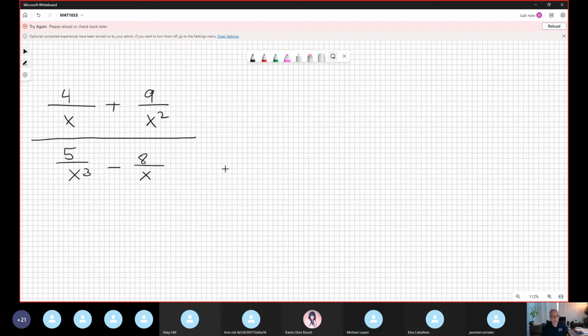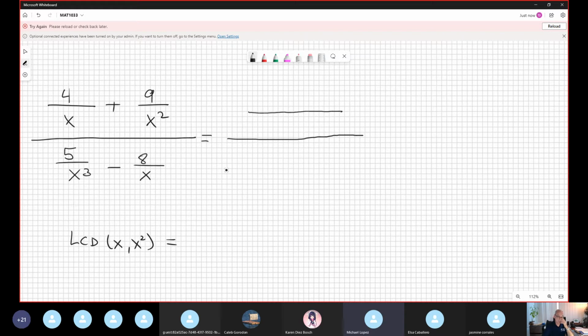Exactly. Now, I focus on the top part for a moment. I need to condense and find the least common denominator. So what's the least common denominator between x and x squared? Is it x or x squared?